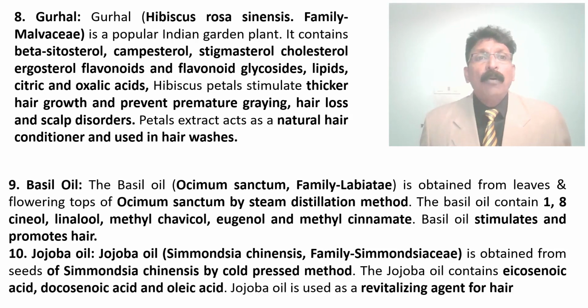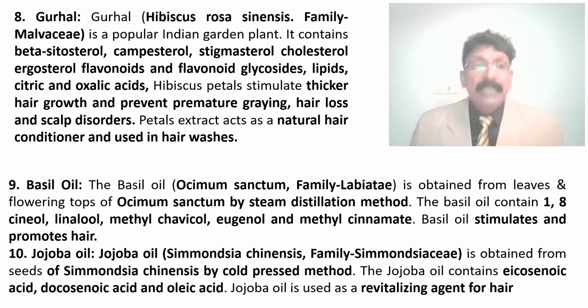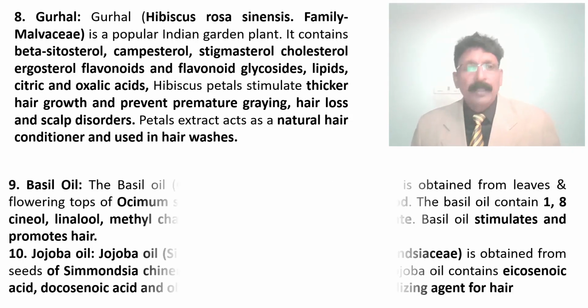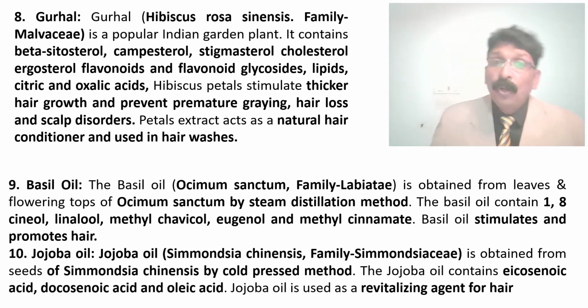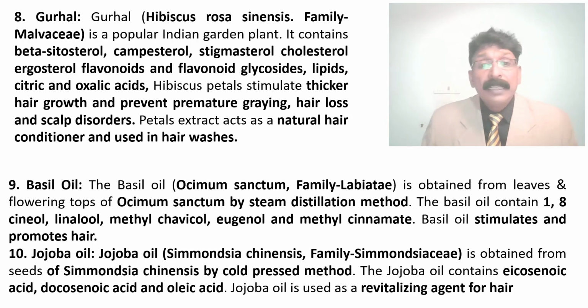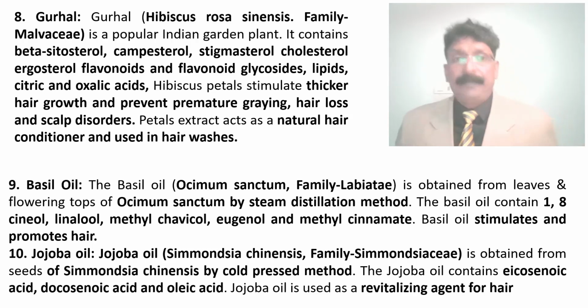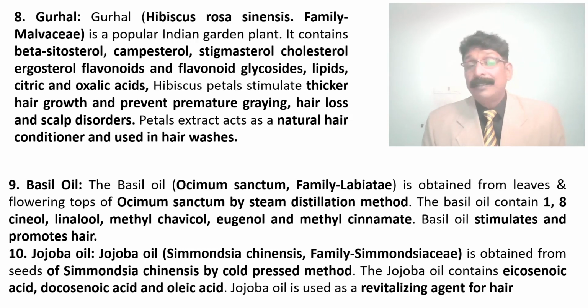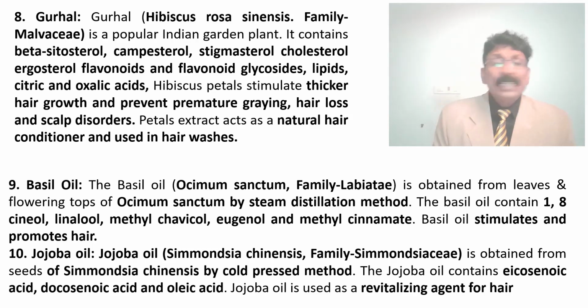Now, when we come to basil oil, number 9 is basil oil. Basil oil is from Ocimum basilicum, family Labiatae. It is obtained from the leaves and flowering tops of Ocimum basilicum by the steam distillation method.